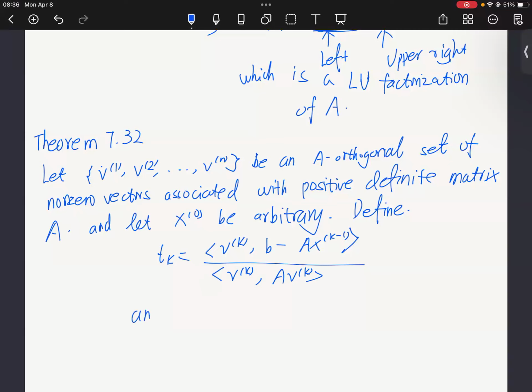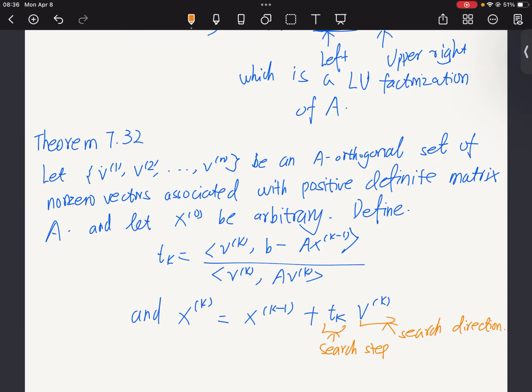And we are going to get the xk iteration looking like this. We get xk based on xk minus 1, with the tk value and that search direction vk, and we call this the search direction. So this is the search step size, and this is the search direction, and the search directions are just given by that A orthogonal set of vectors. So this is the algorithm.